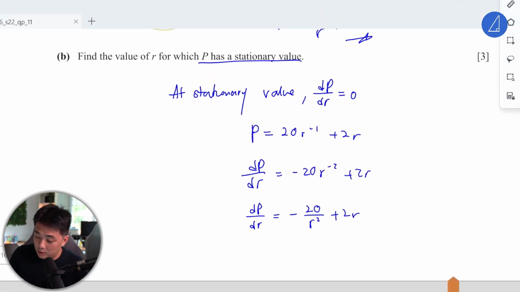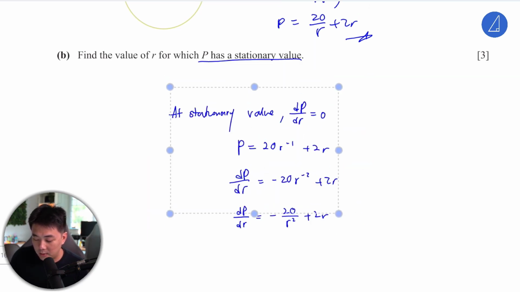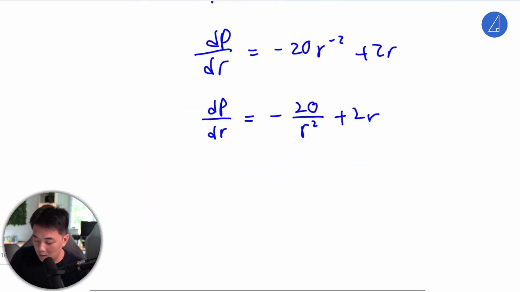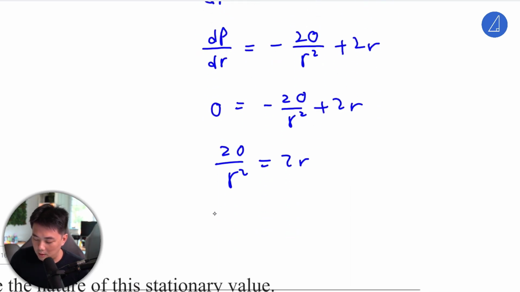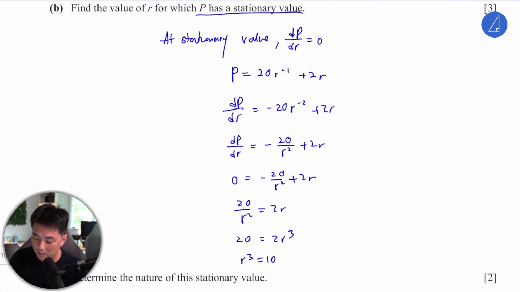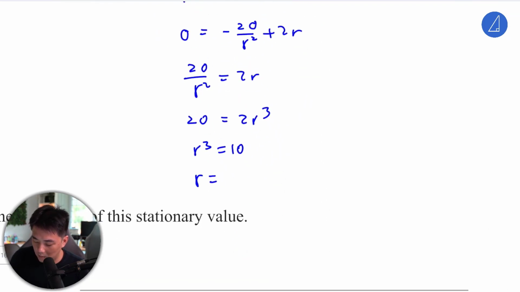At the stationary value we need it to be equal to 0, so 0 equals minus 20 over R square plus 2R. Bringing over, 20 over R square equals 2R, so 20 equals 2R cube, R cube equals 10. So find the value of R: I get the cube root of 10. So R is equal to the cube root of 10 cm.